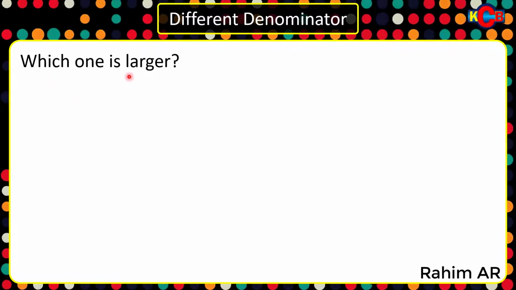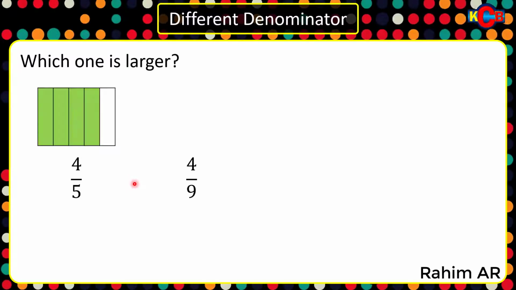Which one is larger between 4/5 and 4/9? Since the denominator is not the same, therefore we cannot compare the numerator directly. Let us visualize these fractions.